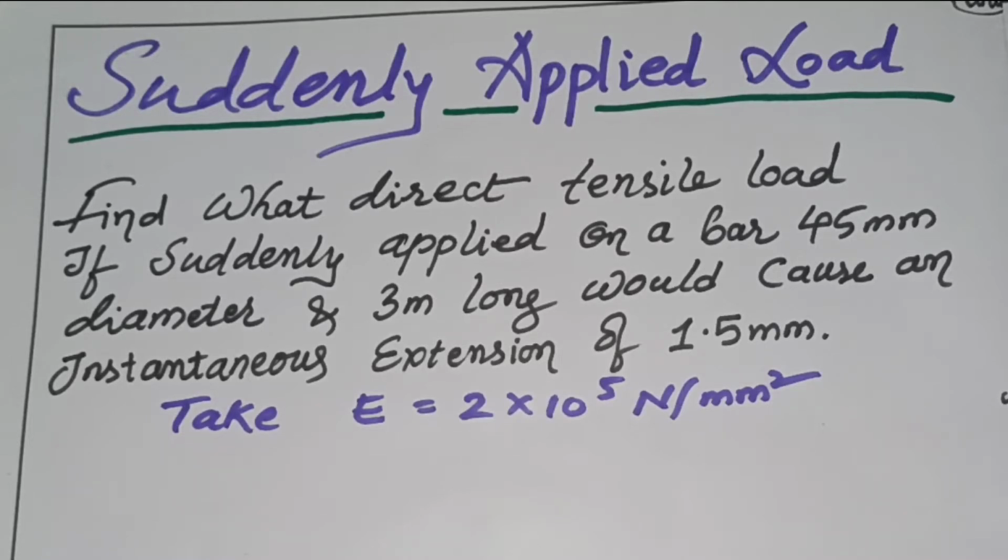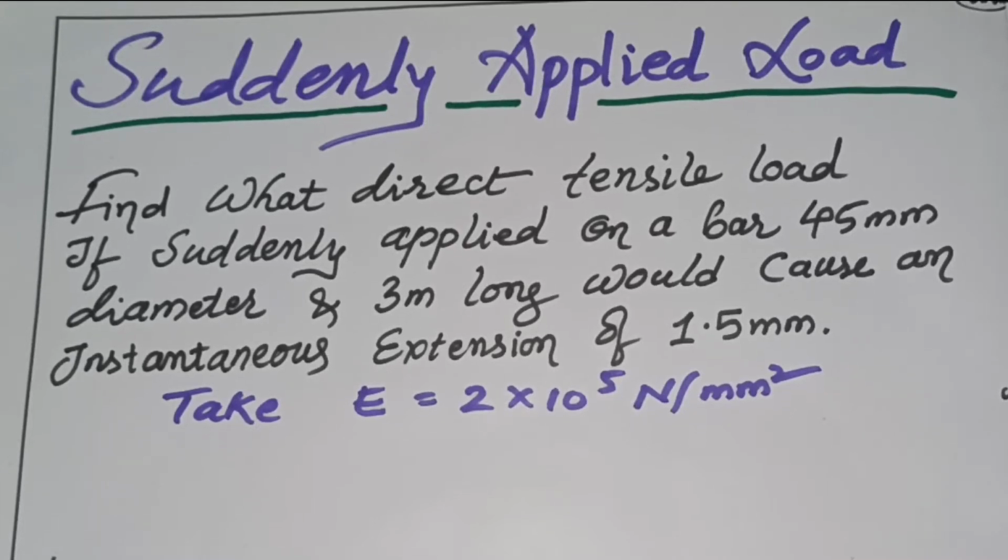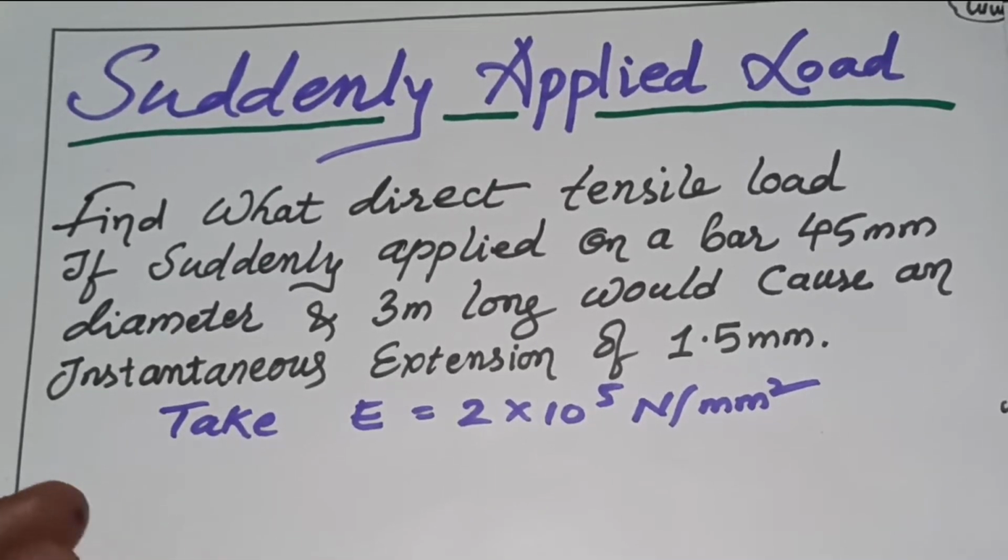In a suddenly applied load, the load is applied suddenly without impacting the element or the bar. That we call a suddenly applied load. Whatever stress is produced in the suddenly applied load will be twice that of the same load applied as a gradually applied load.